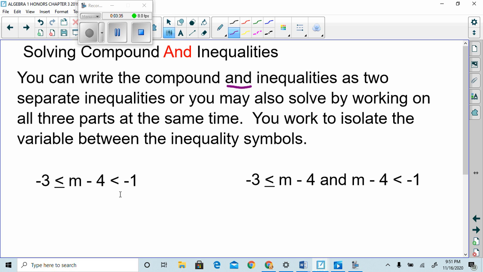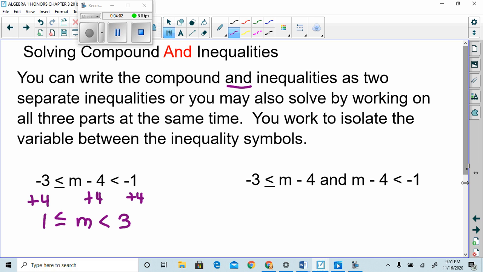If I want to work it all at the same time, which is the method I prefer, I start isolating my variable using my inverse operations, and I'm going to add 4, not only to the center to isolate m, but to the right and to the left. When I look at this now, I have 1 is less than or equal to m, which is less than 3.